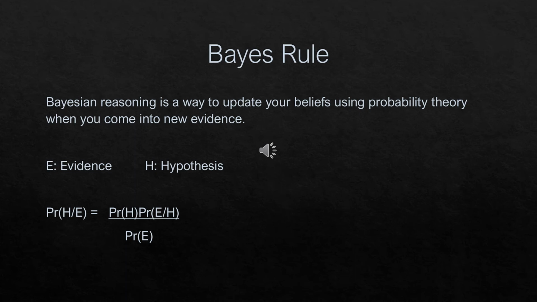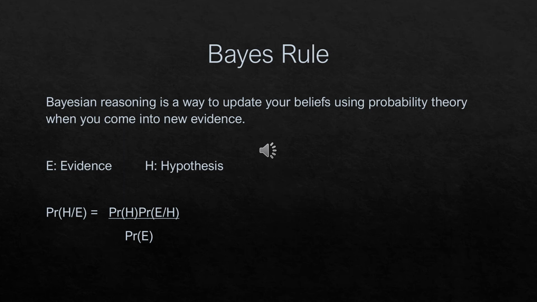The way you can calculate that is you take the probability of the hypothesis that you have on its own, and you multiply that by the probability of the evidence given that the hypothesis is true. That can be a rather interesting number. Sometimes it's really likely, and sometimes it's really unlikely. Then you divide that whole thing by the probability of the evidence itself, that the evidence is correct.